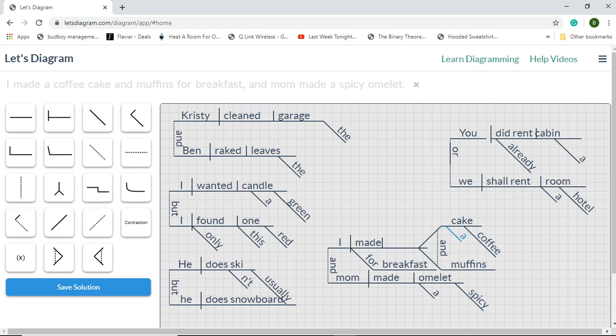A is an adjective modifying cake. Coffee is an adjective modifying cake. Muffins, we already did that. And is our coordinating conjunction connecting our compound sentences, the two clauses. For the second clause, Mom is the subject. Made is the verb. Omelet is the direct object. A is an adjective modifying omelet. Spicy is an adjective modifying omelet.